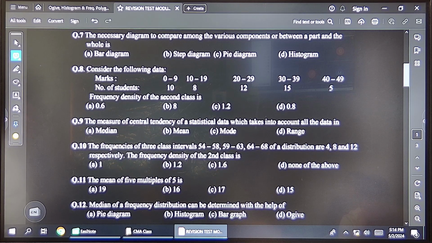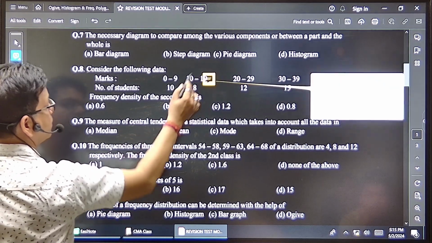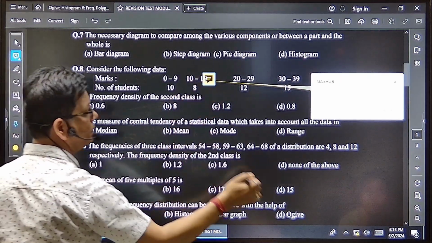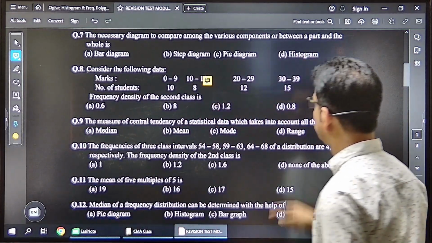Which question number? Question number 8. Frequency density of the second class. Frequency density of the second class. That means this one. What is the frequency density of this class?